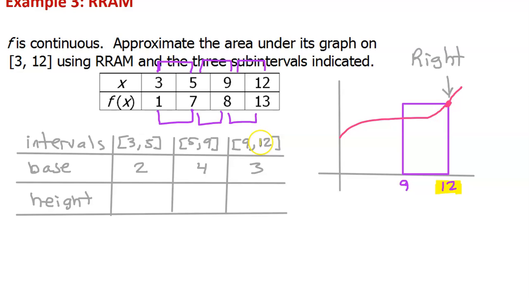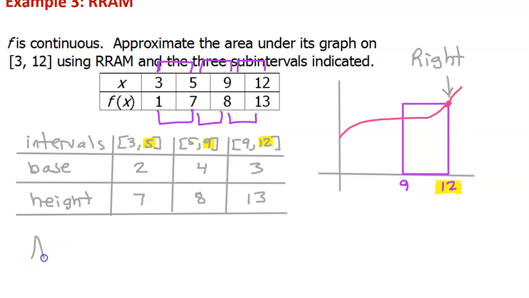So we should be focusing on the 12 in this case, and in the other intervals, the 9 and the 5. What is the value of the function at 12? Well, the table tells us that is 13. Similarly, the value of the function at 9 is 8, and the value of the function at 5 is 7.